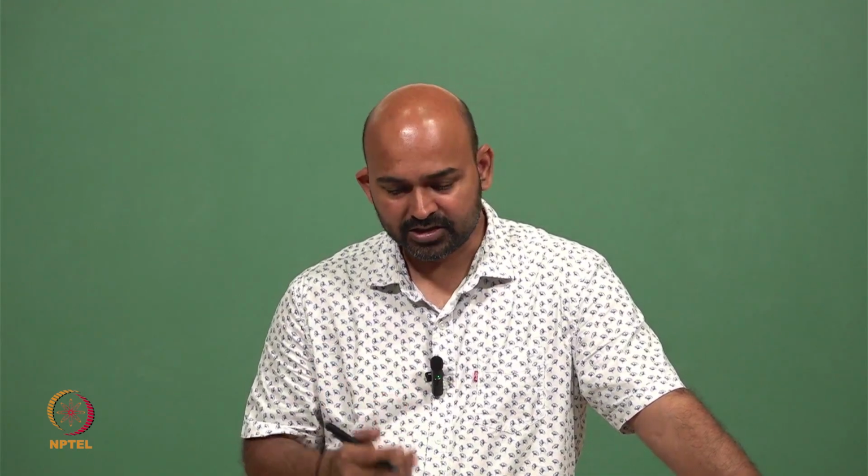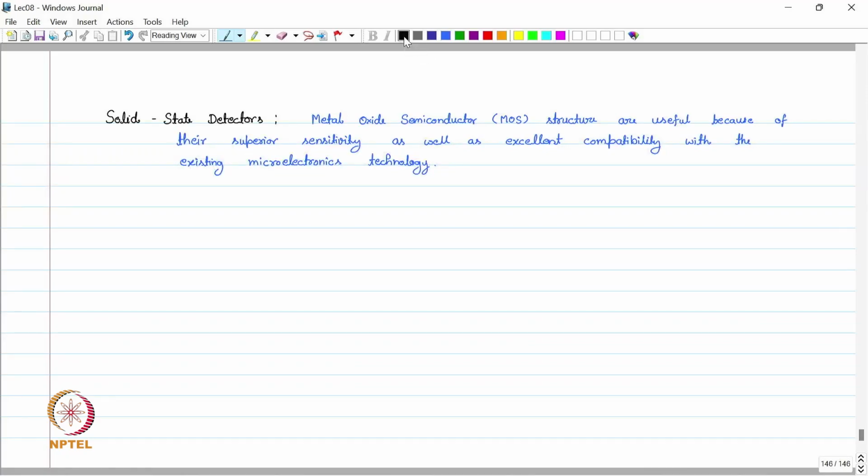So let's discuss what a MOS structure is and how it detects the radiation. A typical MOS structure is something we have. Let's say we see the cross section of a MOSFET.